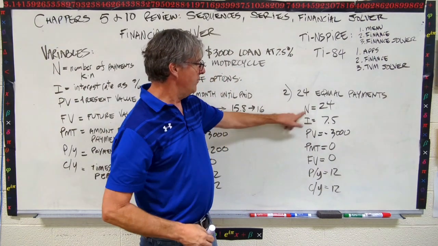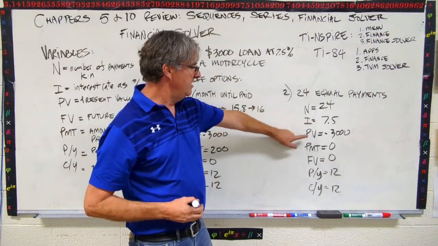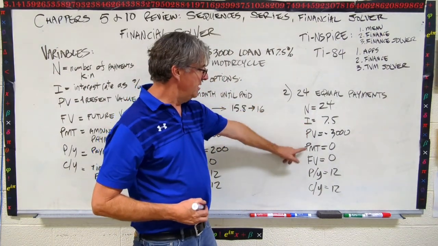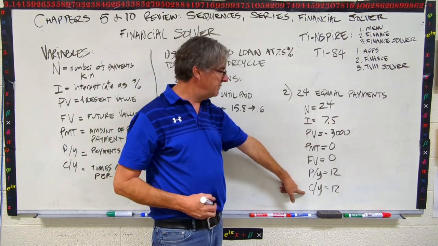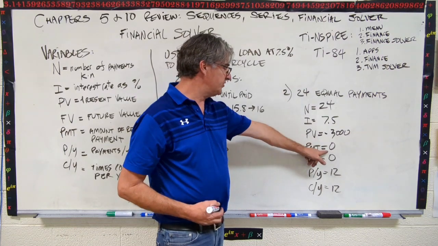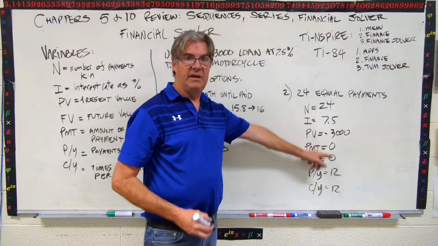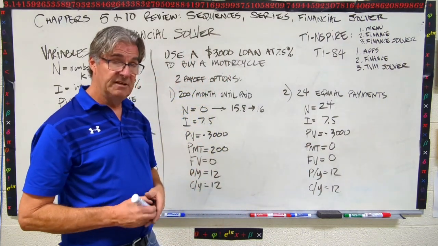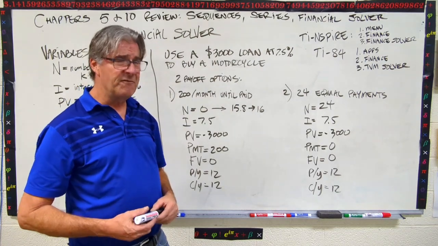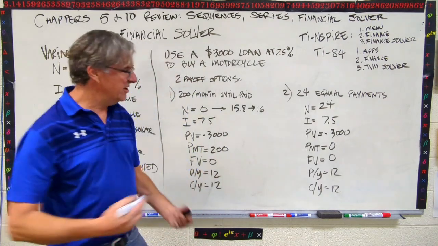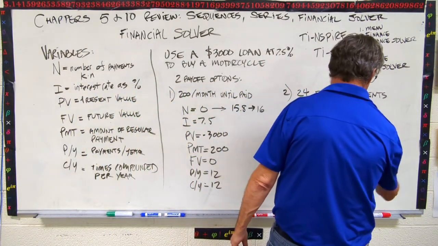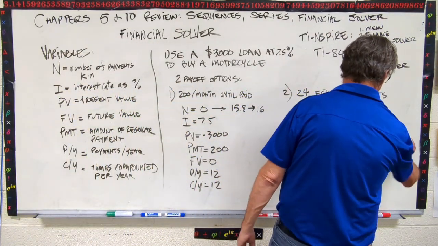Okay, so 24 equal payments, interest rate 7.5, present value is minus 3,000, payment we don't know, future value is 0, and these two are 12 like before. So put the cursor in the payment field and press the solve button. And if you do that, you're going to get 134.98 or 999. It's going to round to 135 per month.